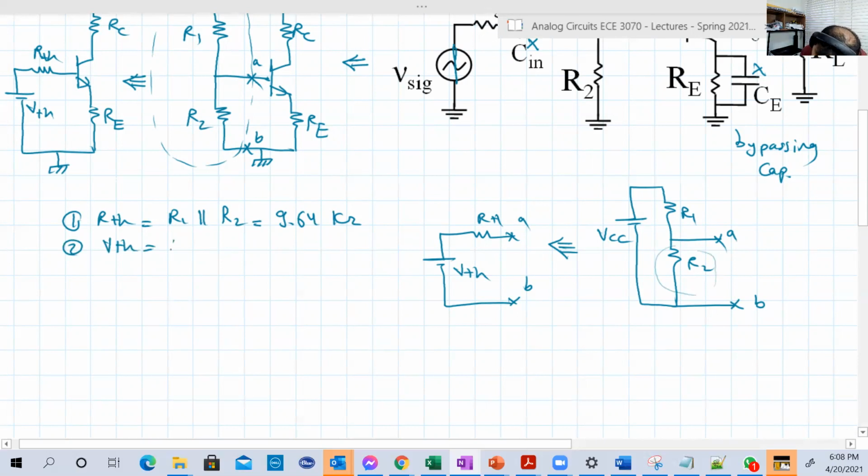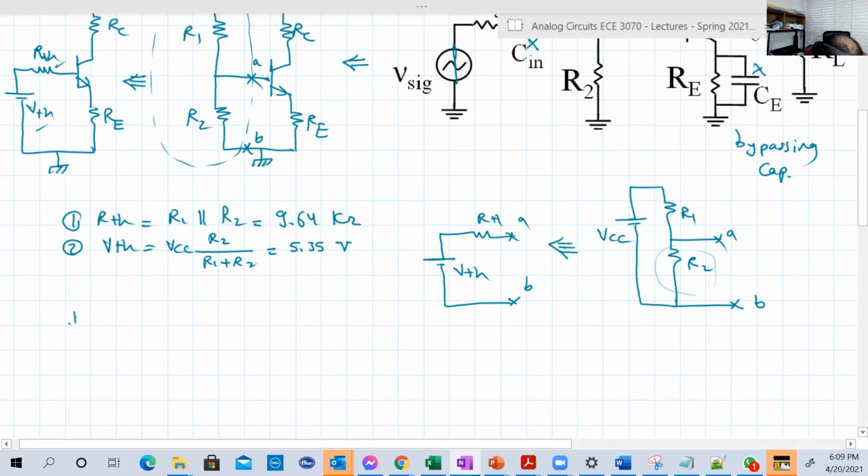So this will be VCC times R2 over R1 plus R2. So it's gonna be 5.35 volt. That's nice. Now we determined RTh and VTh, and then we can determine the DC Q point.